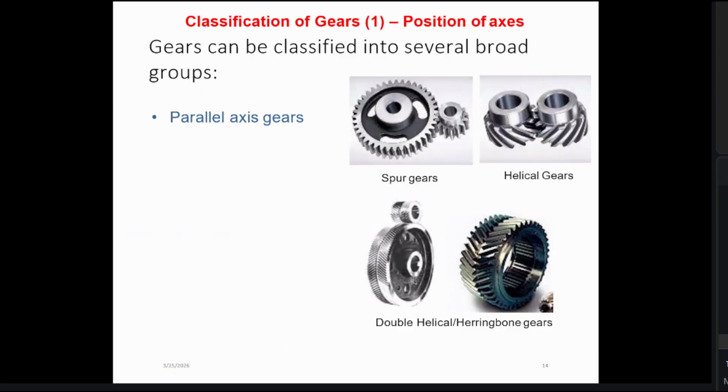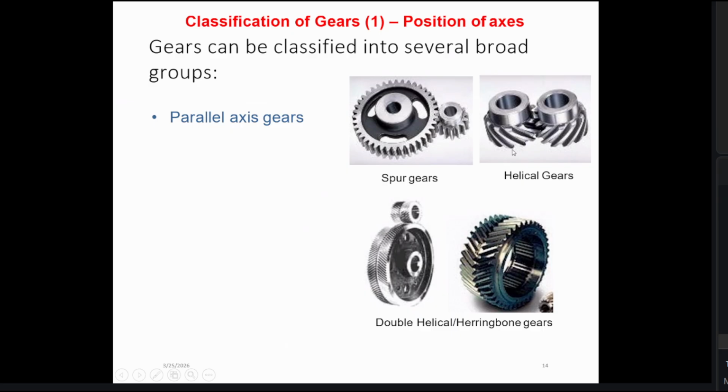Then gear classification. Based on the gear tooth profile, we can say that spur gears are there, and the teeth profiles are parallel. We can say parallel to the gear axis. So this is the gear axis, and the teeth are parallel.